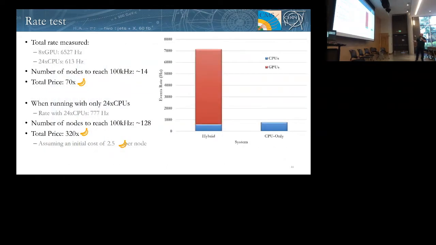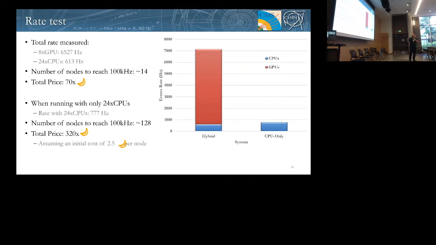The total rate measured was, for 8 GPUs, 6 kilohertz, and 25 CPUs processed with a total rate of 600 hertz. So if you want to compute the number of nodes to reach 100 kilohertz, it is about 14, because the process is a hybrid of CPU plus GPUs, and the total price for these 14 nodes is 70 bananas.